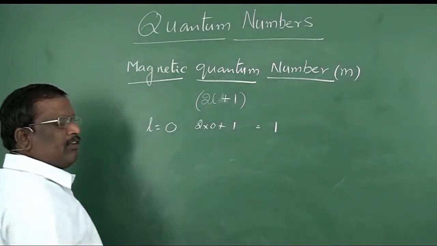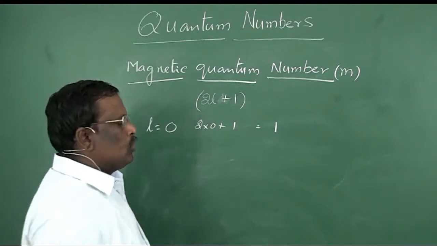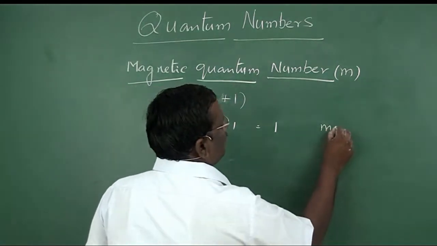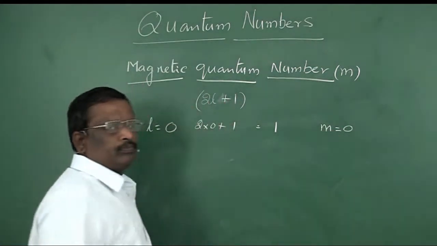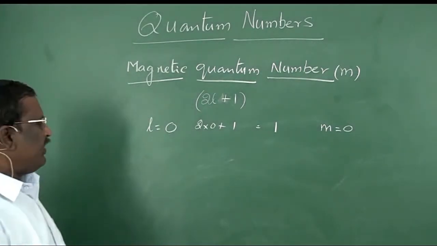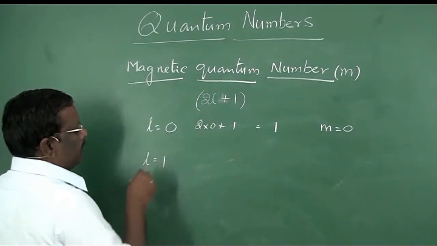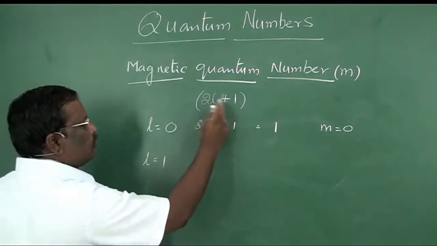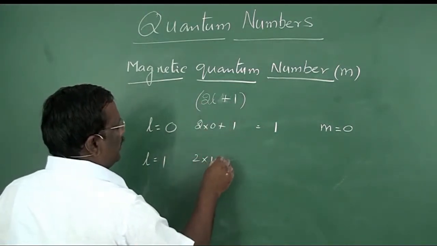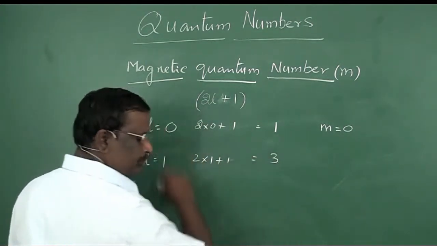And these orbitals are designated with m, so its value is m is equal to 0. For L is equal to 1, the number of orbitals is 2L plus 1, that is 2 into 1 plus 1, that is 3.